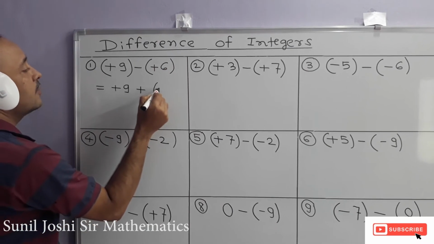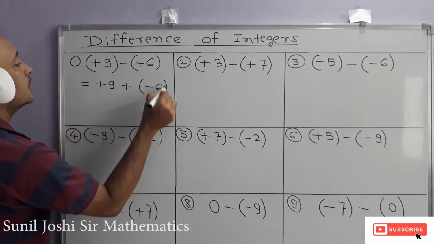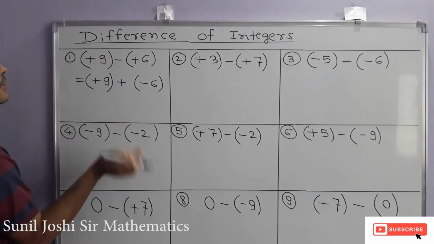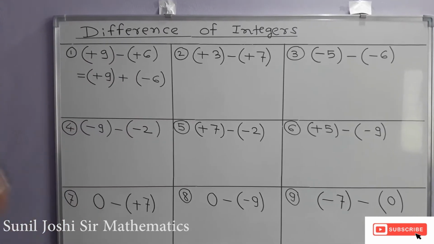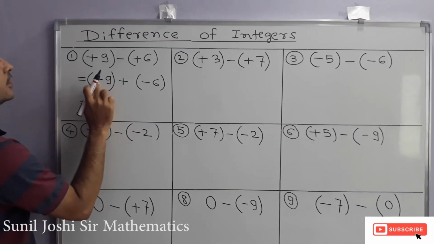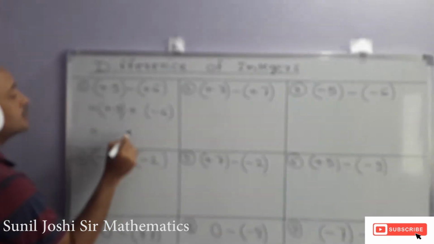We know the opposite of positive 6 is negative 6. So we got two integers and the subtraction example is converted to addition. And we know the rule of this: different signs, one is positive and the other is negative, we are going to subtract. So 9 minus 6, the answer is 3.